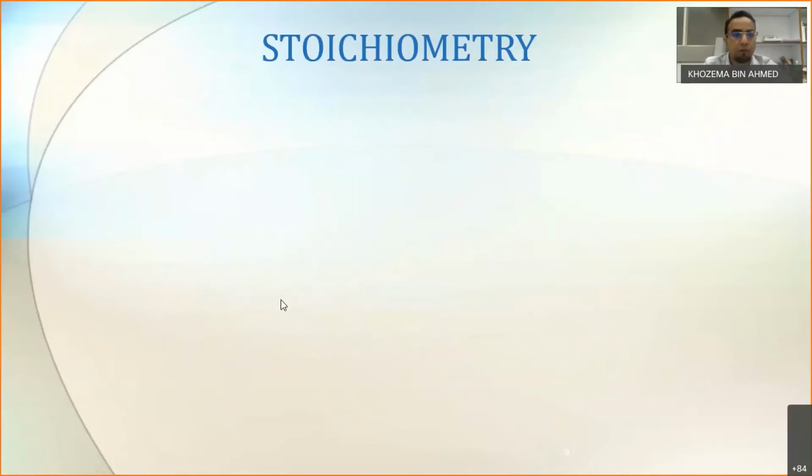Now for B. Question B is asking us to find the mass of CO2 per mass of limestone. If you look at our equation just now, we can say that 1 mole of calcium carbonate will produce 1 mole of CO2.